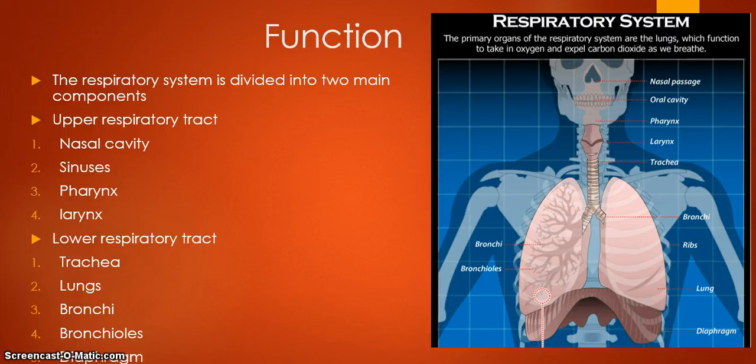Most of the organs of the respiratory system help to distribute air, but only the tiny grape-like alveoli and the alveolar ducts are responsible for actual gaseous exchange.